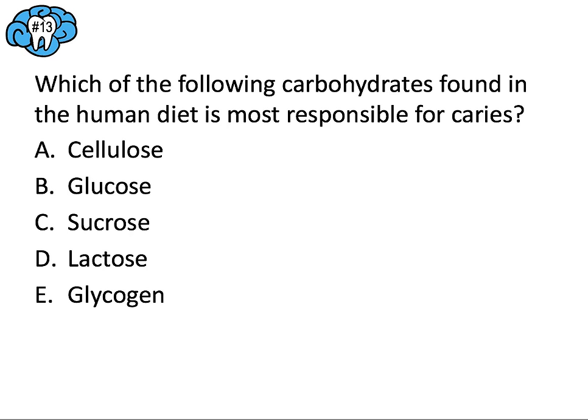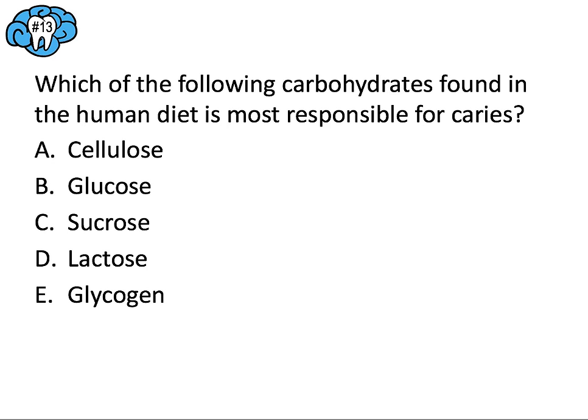Question 13. Which of the following carbohydrates found in the human diet is most responsible for caries? Go ahead, pause the video, and then we'll talk about this one. So carbohydrates begin to be digested the minute they hit the mouth, thanks to amylase in saliva. But unfortunately for us, bacteria can also digest them.